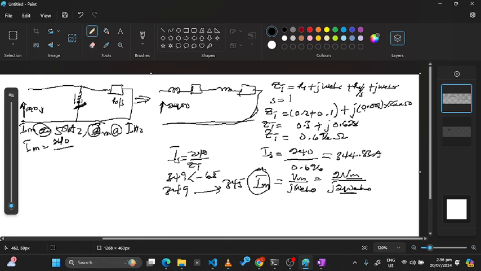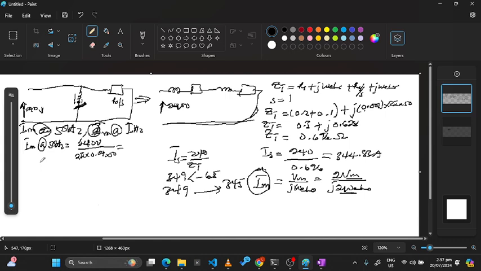divided by the impedance here at 50 hertz. Okay, let me write it well so that you know what we are finding. So Im at 50 hertz should be equal to 240 volts divided by 2π times 0.04 times 50.